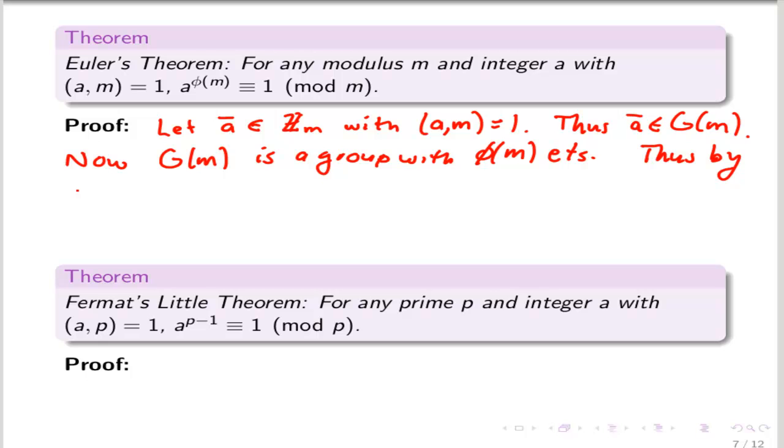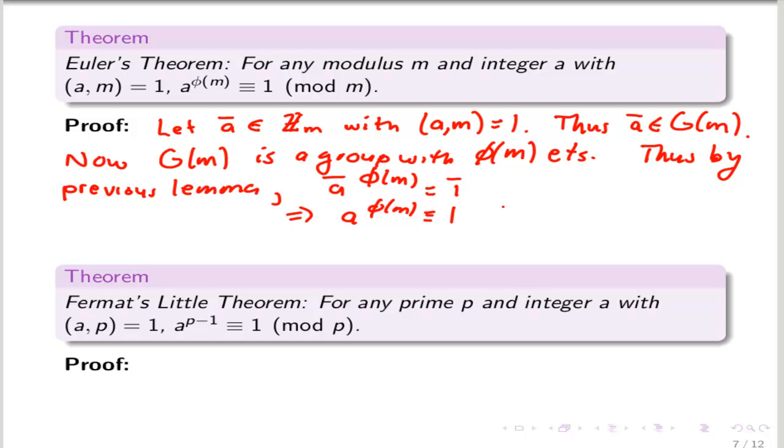By the previous lemma, a bar raised to the group order, which in this case is the Euler phi function, is the identity. And now we just translate that back to a congruence. A to the phi of m is congruent to 1 mod m.